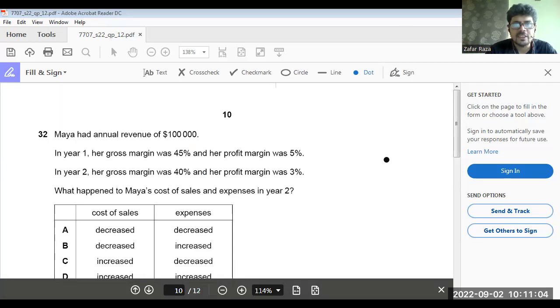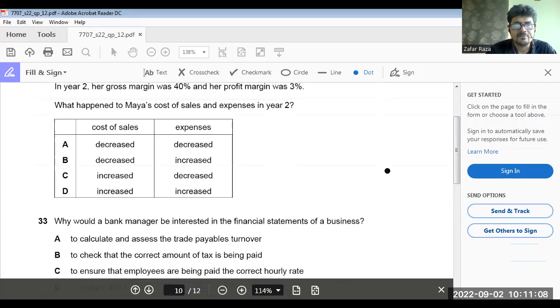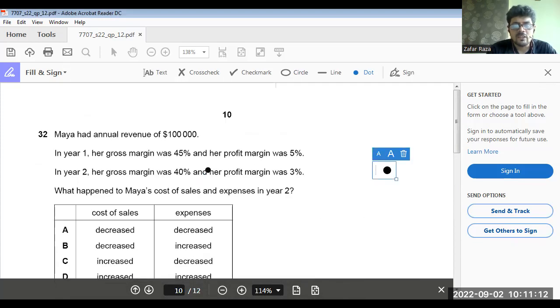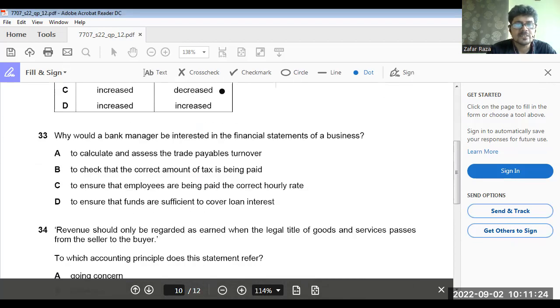So answer could be B, C or D. But if we take the difference of gross margin and profit margin, we find expenses are 40% in year 1. Here expenses is 36%. So expenses are decreased. C option should be the answer.